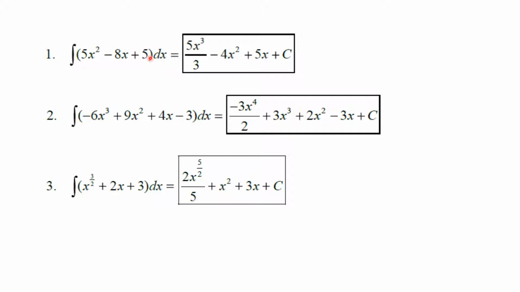And for the number 5, integrating a constant will actually give you 5x. And because this is an indefinite integral, therefore you need to add the C.